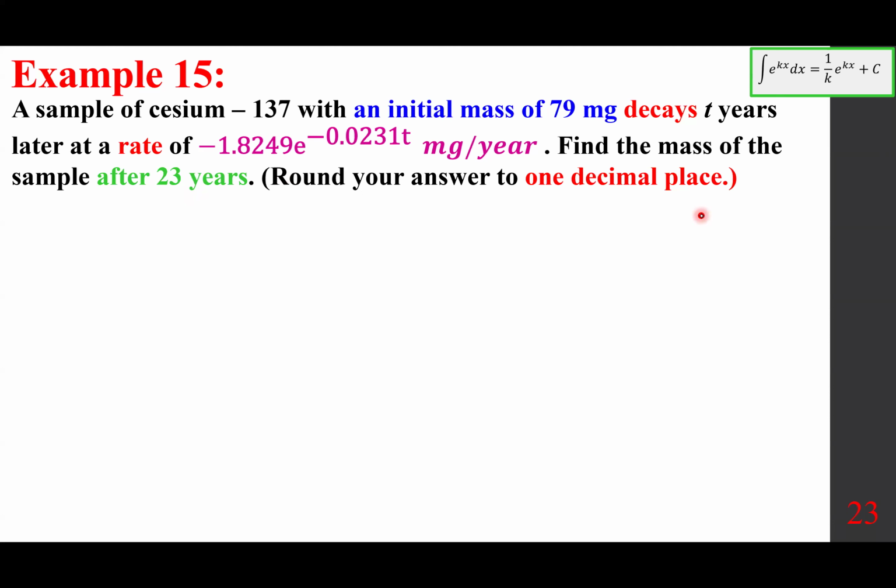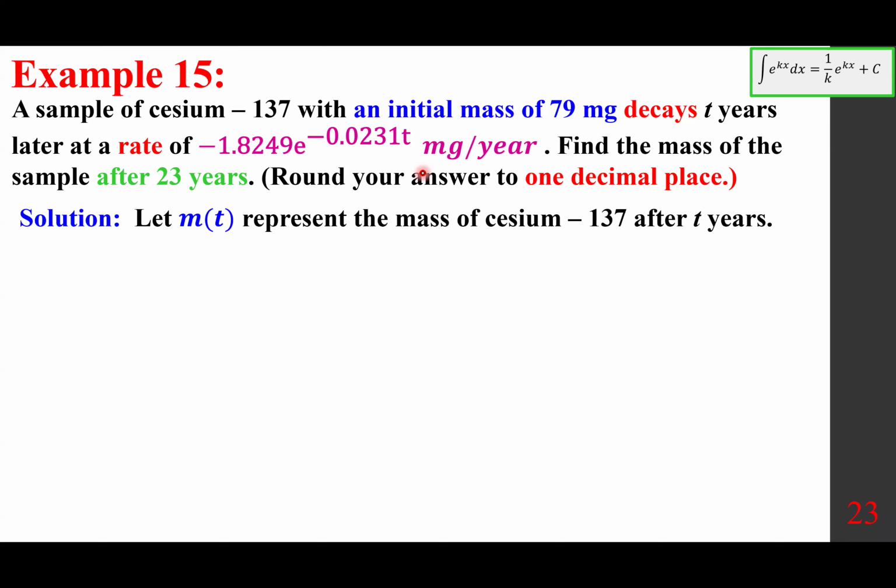So what is given, this is the rate. So if you let m of t represent the mass of cesium-137 after t years, it's a radioactive substance, then what this is is dm/dt.